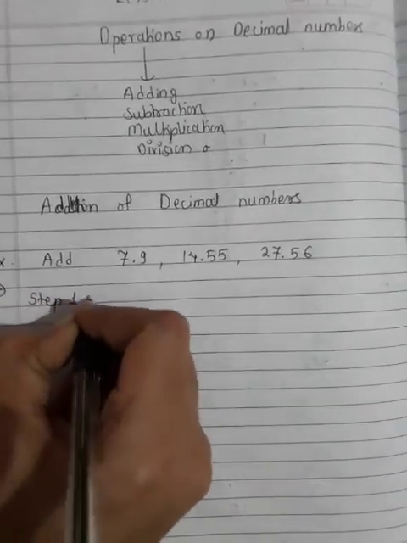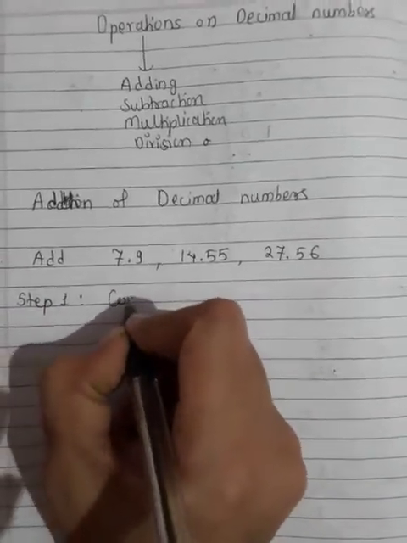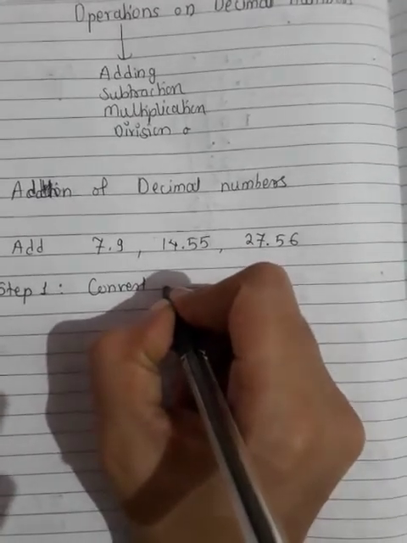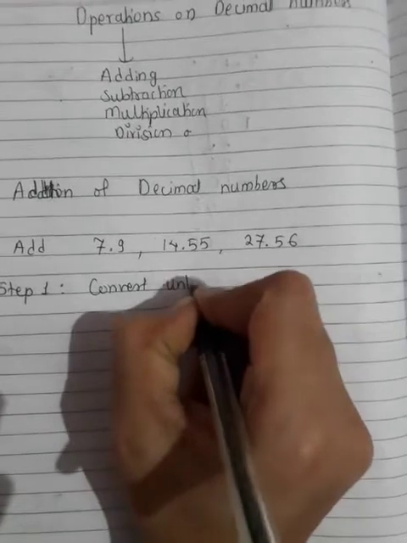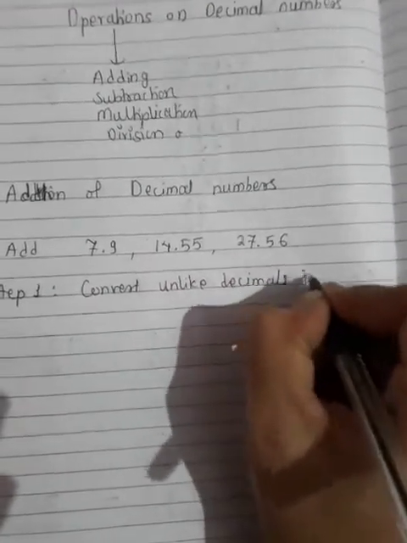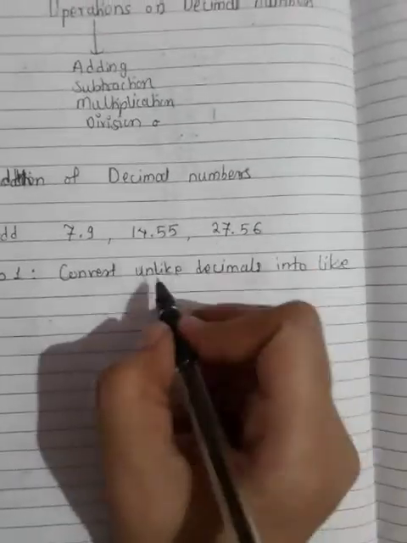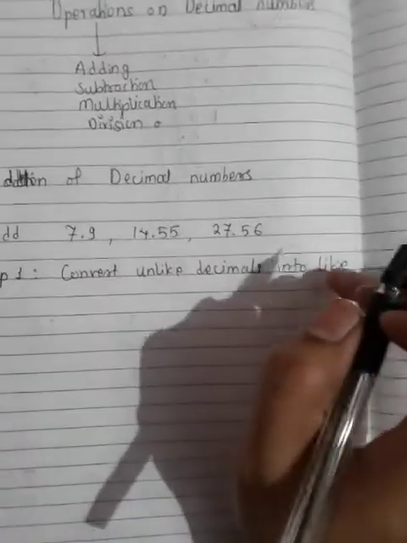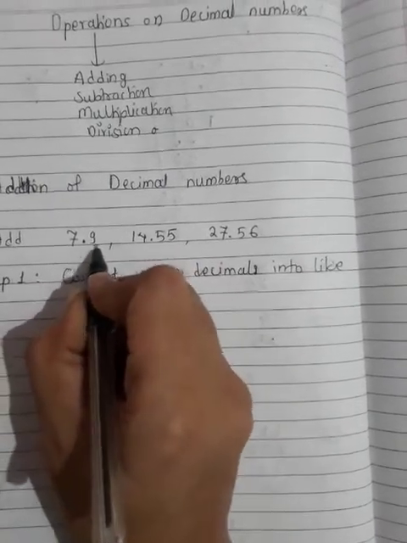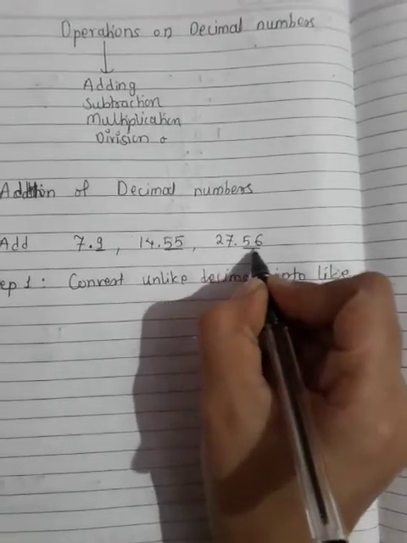Step 1 is, first of all, if they are unlike decimals, then convert them into like. Unlike means different decimal places, and like means same decimal places. In these three decimal numbers, here there is one decimal place, here there are two decimal places, and here there are two decimal places.